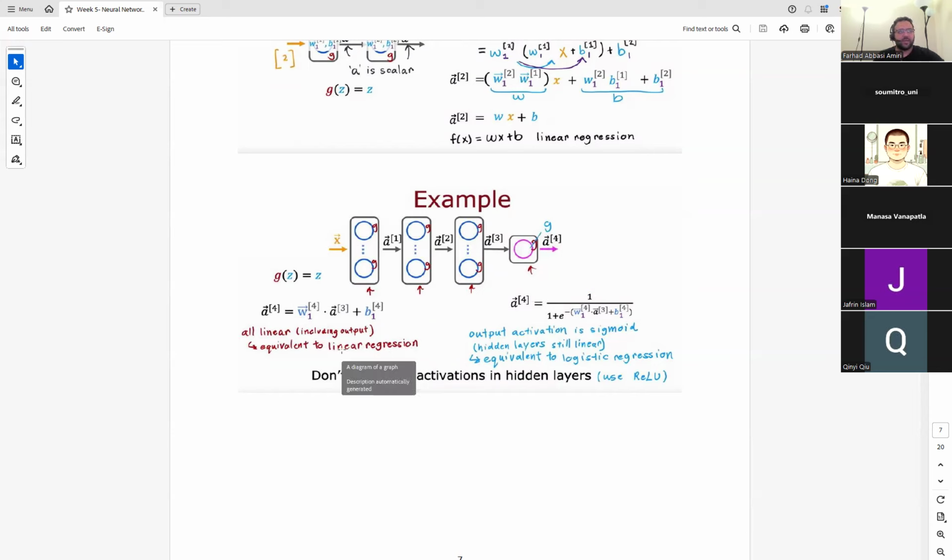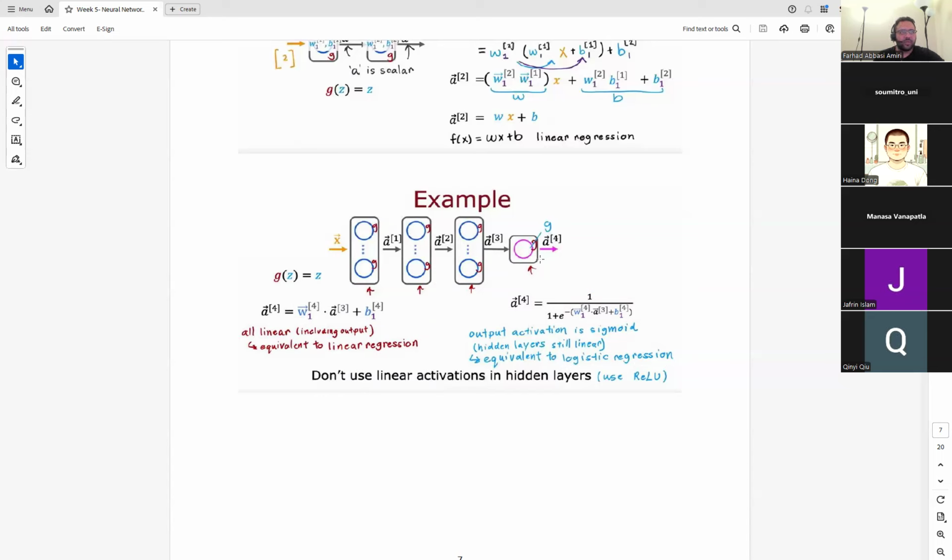In another case, if you use linear activation functions for all the nodes on these three hidden layers, and you use sigmoid activation functions on the last or output layer, then this neural network is equivalent to a logistic regression model.